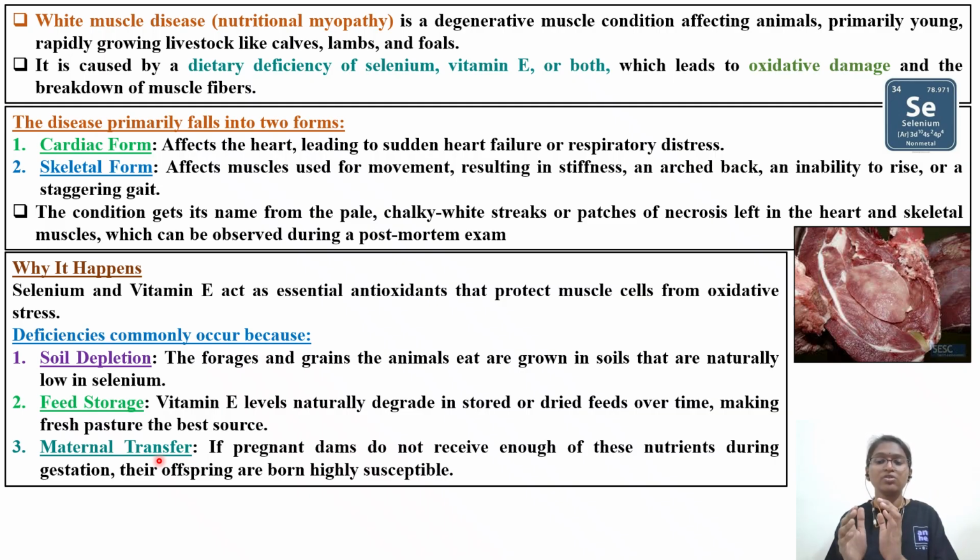So when exposed during gestation, the baby calves will be affected. If pregnant dams do not receive enough of these nutrients during gestation, their offspring are born highly susceptible to this white muscle disease.